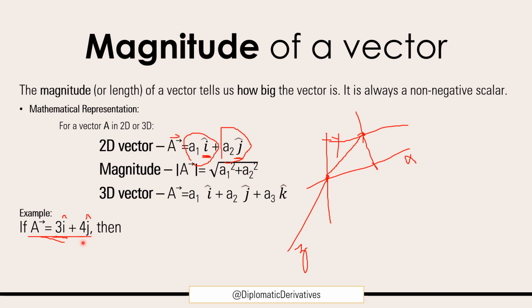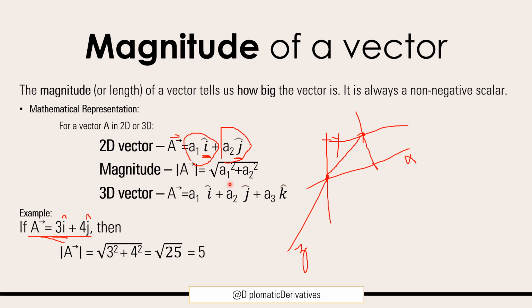You have to find the magnitude, so you will apply the formula. You will take the root of 3 squared, which is a1, and 4 squared, a2. So 3 squared plus 4 squared is the root of 25, which gives you 5. So the magnitude of the vector is 5. It's a very simple way of finding the magnitude of a vector through the formula under root a1 squared plus a2 squared.